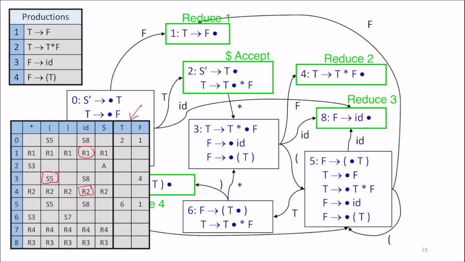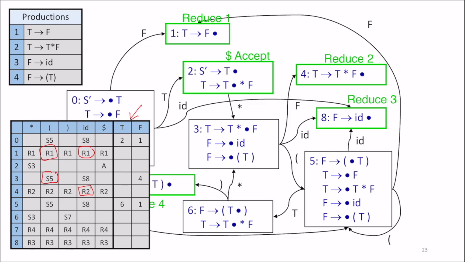The other thing is that every single entry only has one thing to do. If I end up with an entry that can either be a shift or a reduce, or I end up here and I look at this and I say this could be reduce 1 or reduce 2, then this table has a conflict and I can't use it for parsing.